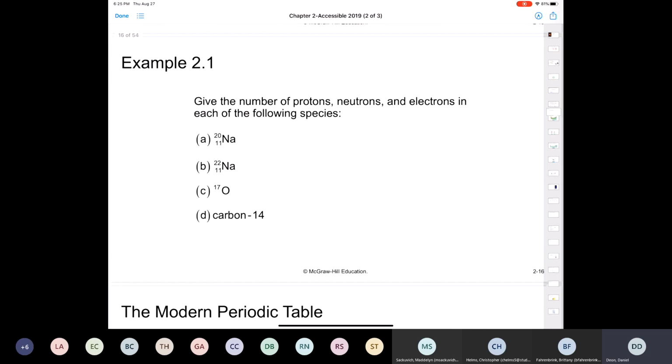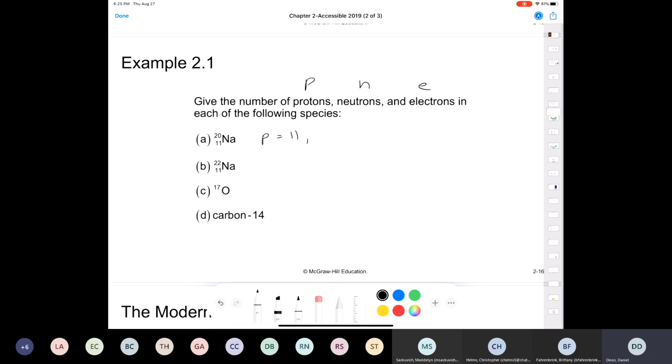All right, let's take a look at a sample problem. We'll go through this one quickly because we just solved something almost identical. It says, give the number of protons, the number of neutrons, and the number of electrons in each of the following species. So in sodium 20, the atomic number is 11, so we have 11 protons, but the mass number is 20.